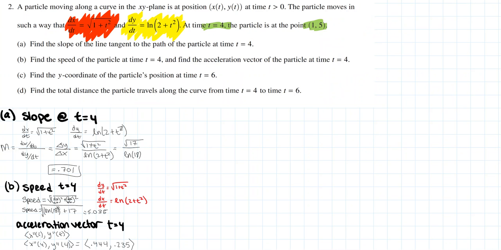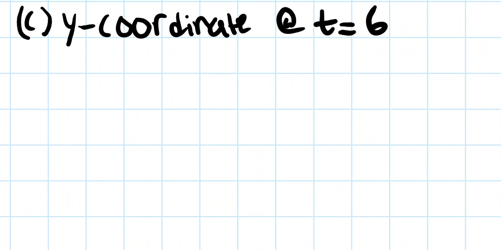Now we can move on to part C, which asks us to find the y-coordinate of the particle's position at time t equals 6. There are a couple of crucial pieces of information given in the question.